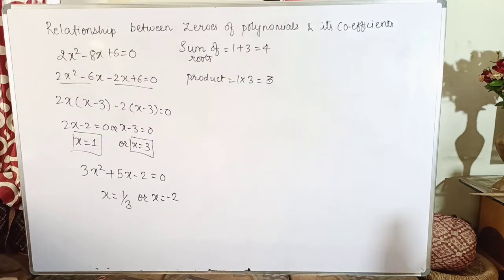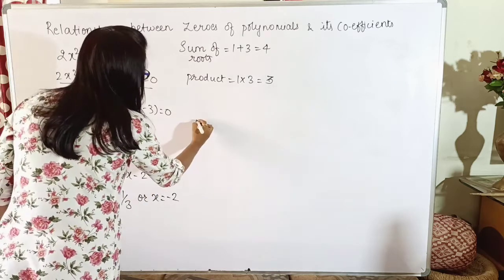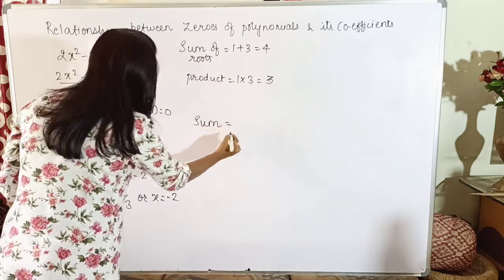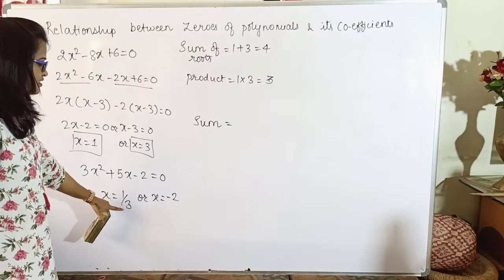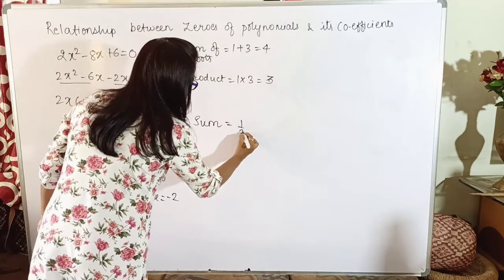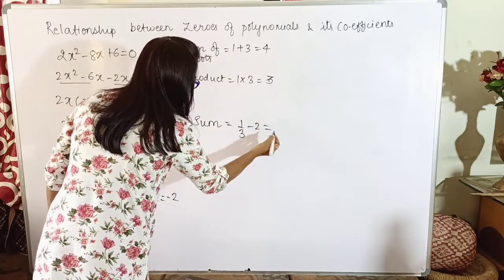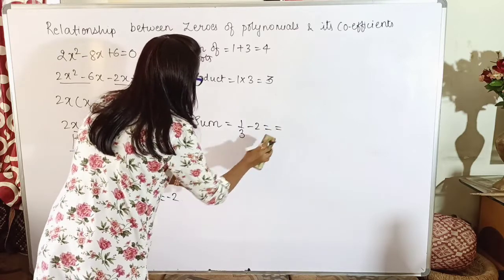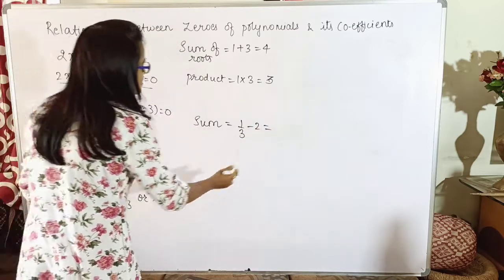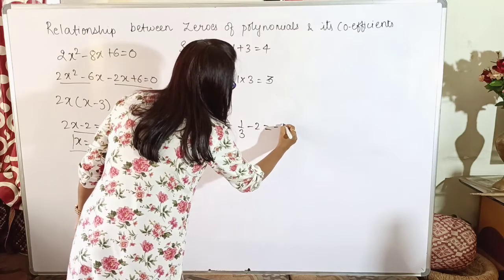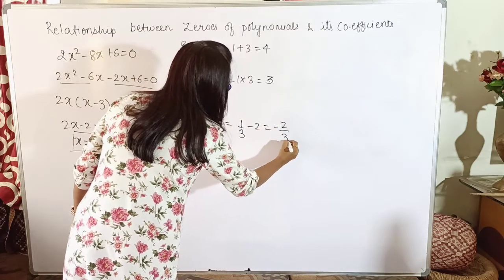So these are the two values. Similarly for this expression also, what is the sum of the roots? Yes, 1 by 3 plus minus 2. So what do I get? It is 1 minus 6 by 3.